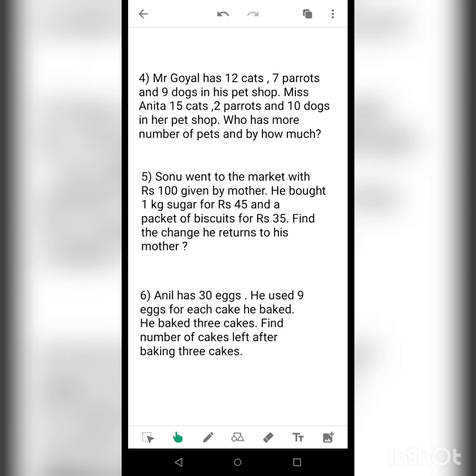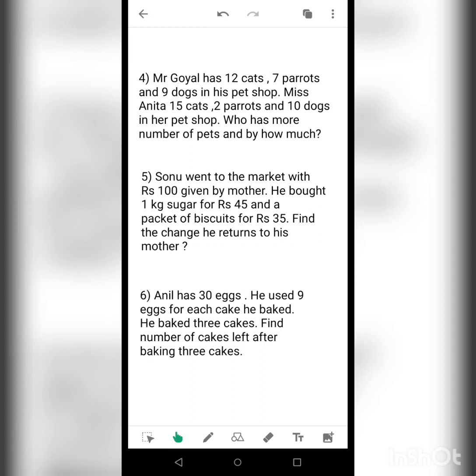Coming to question number 4. Mr. Goyal has 12 cats, 7 parrots and 9 dogs in his pet shop. Miss Anita has 15 cats, 2 parrots and 10 dogs in her pet shop. So 2 different persons are given. The number of cats, parrots and dogs are given in their respective pet shops.